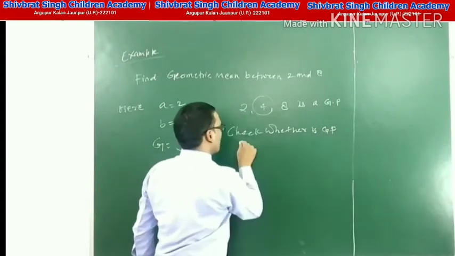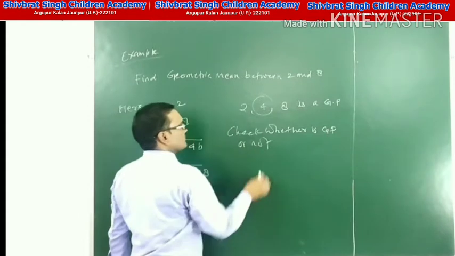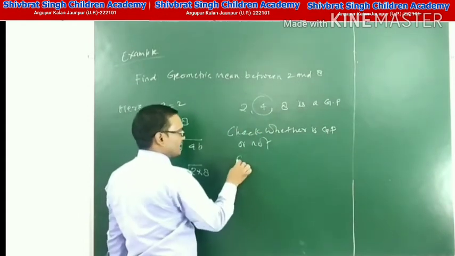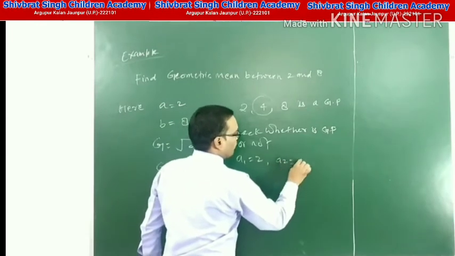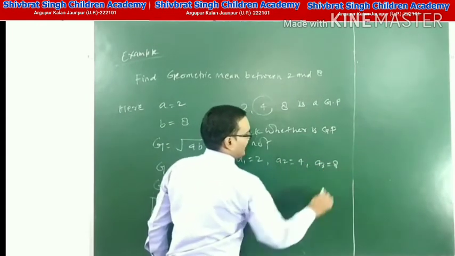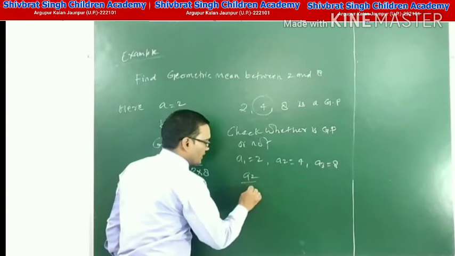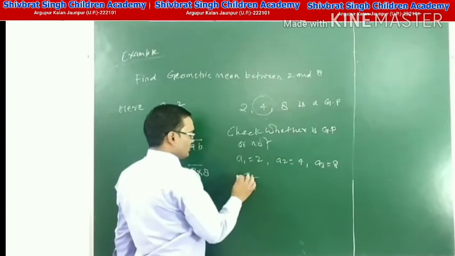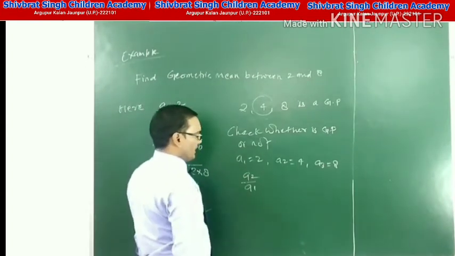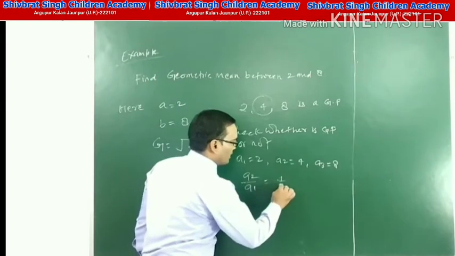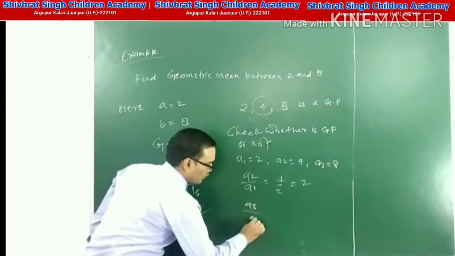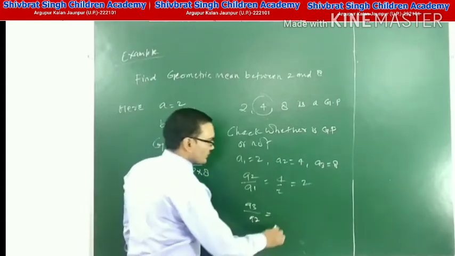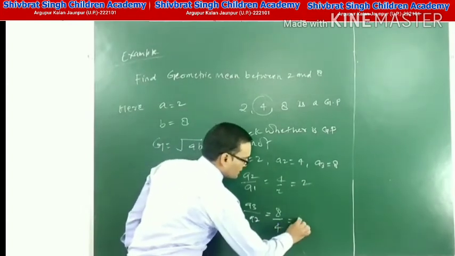We find the common ratio here. a1 equal to 2, a2 equal to 4, a3 equal to 8. Then a2 upon a1 equal to 4 upon 2 equal to 2. a3 upon a2 equal to 8 upon 4 equal to 2.